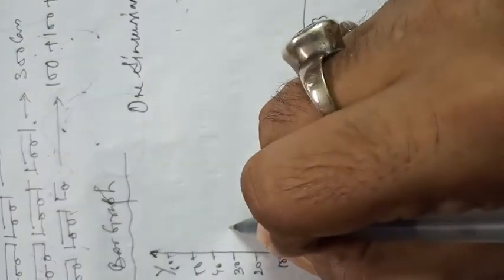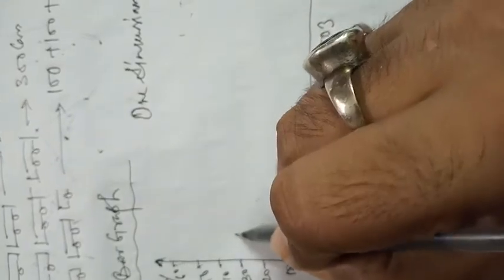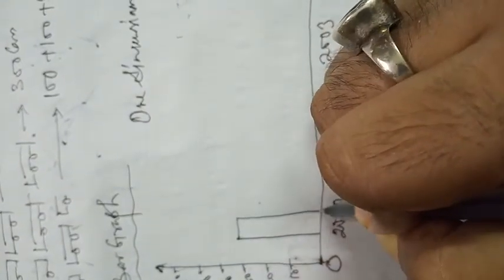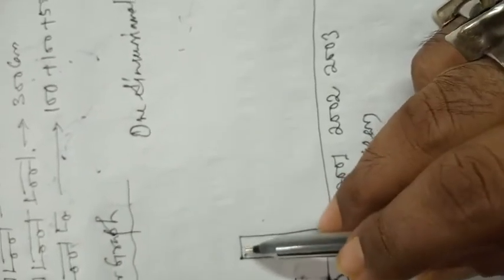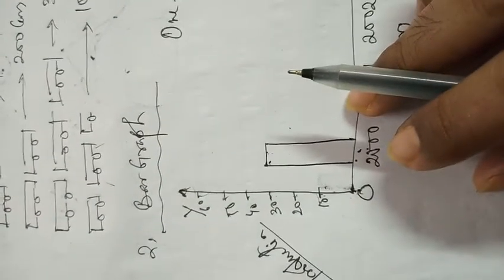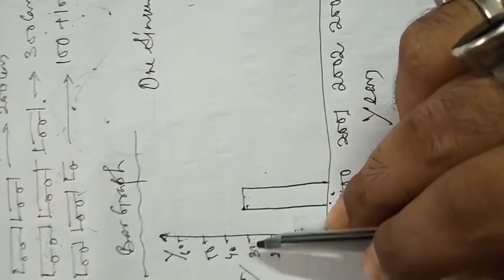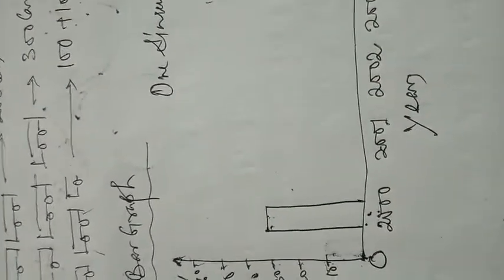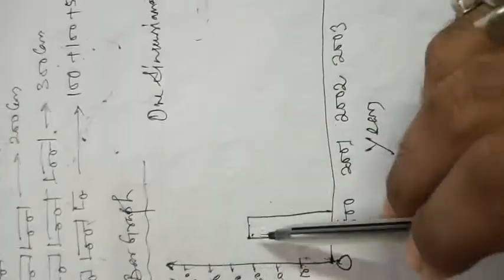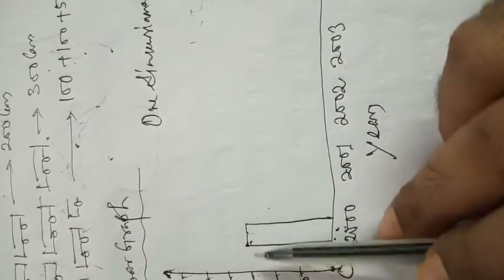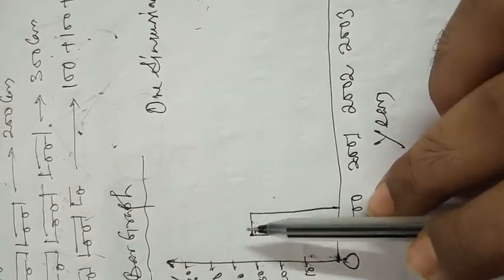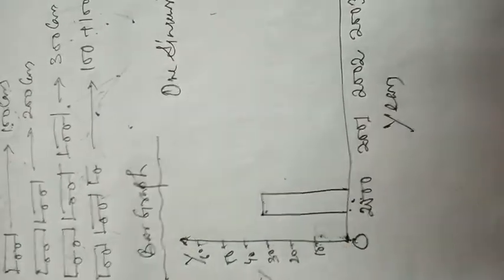Suppose in 2000, I'll make a bar for 2000. So this bar shows that in 2000 a company produced 30 kg, or 30 kilo goods, or 30 ton goods.